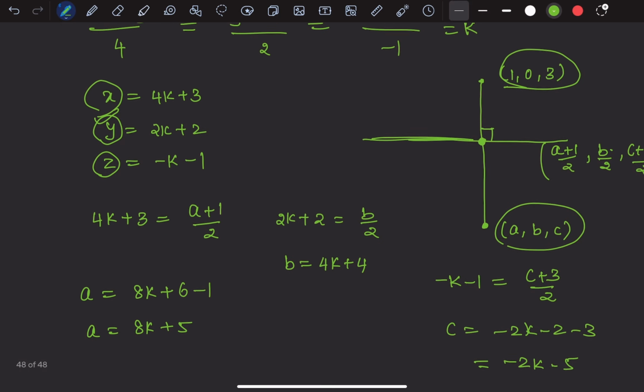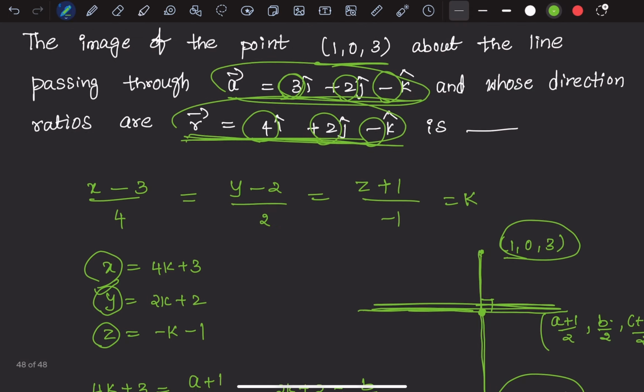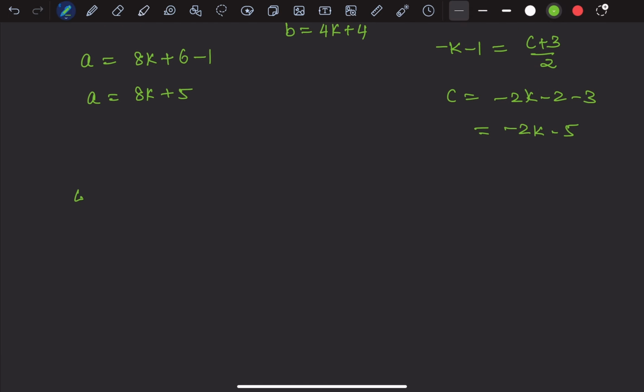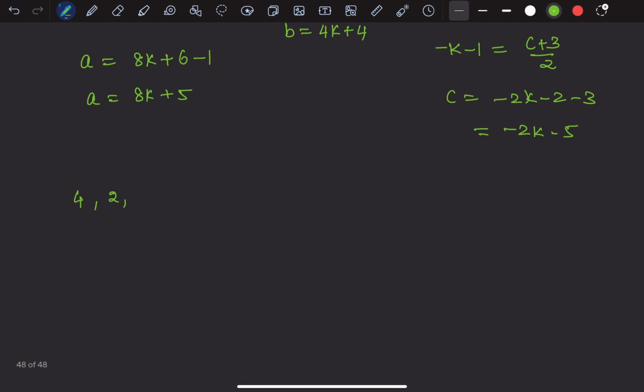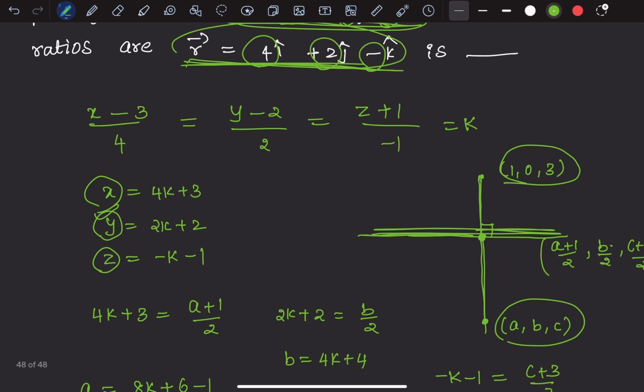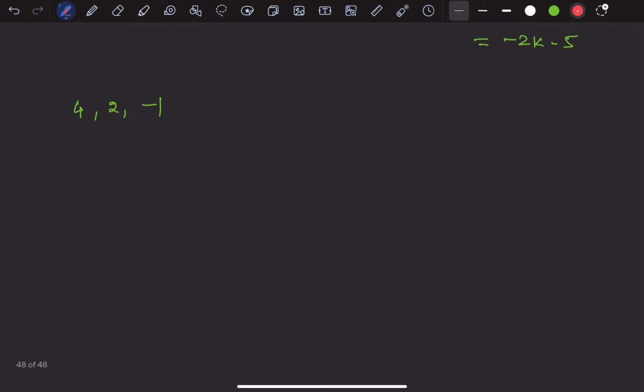Now this line is perpendicular to this particular line. So the drs of the line given in the question is 4, 2 and minus 1. The drs of this line will be a minus 1, b minus 0 and c minus 3.